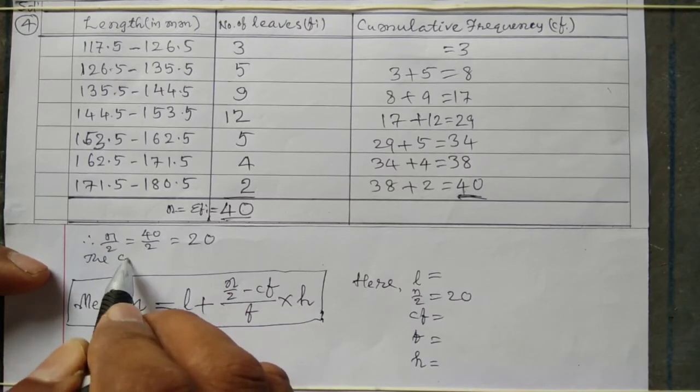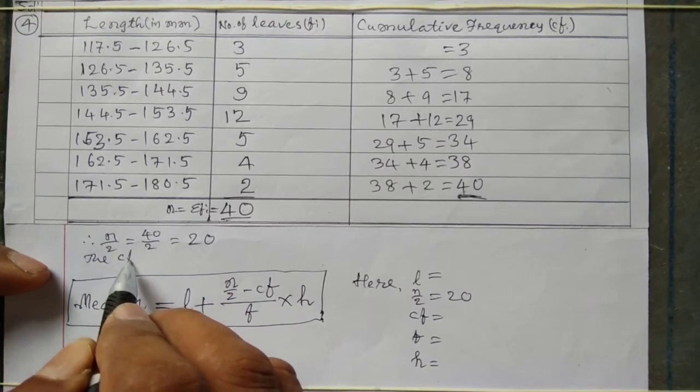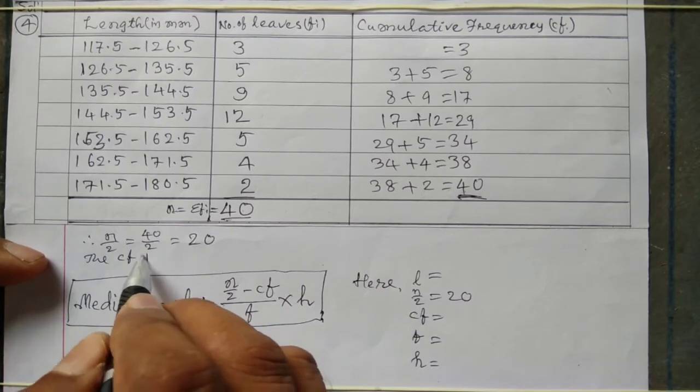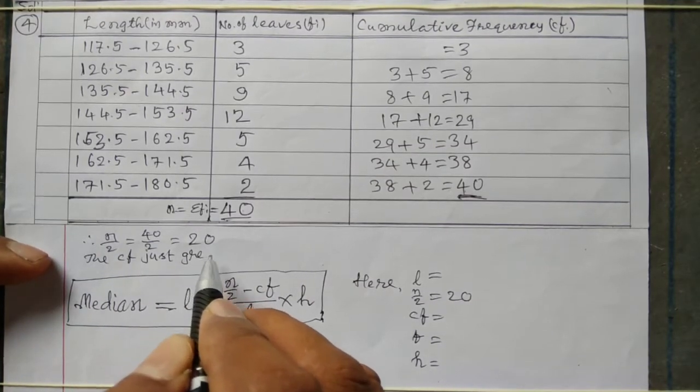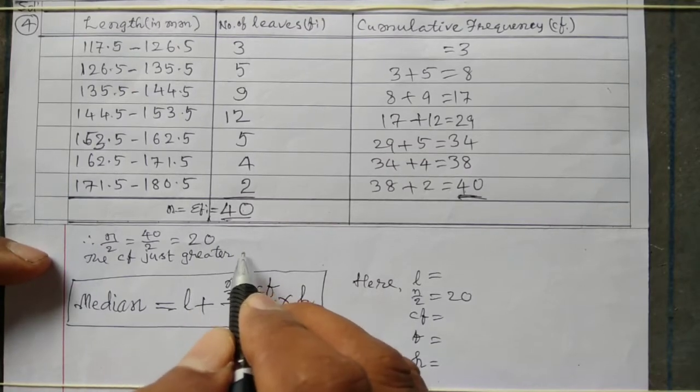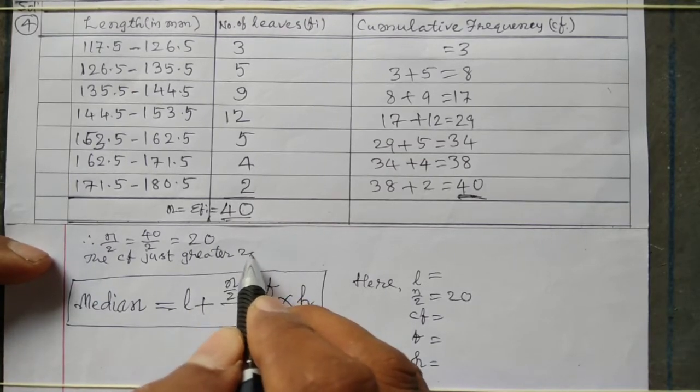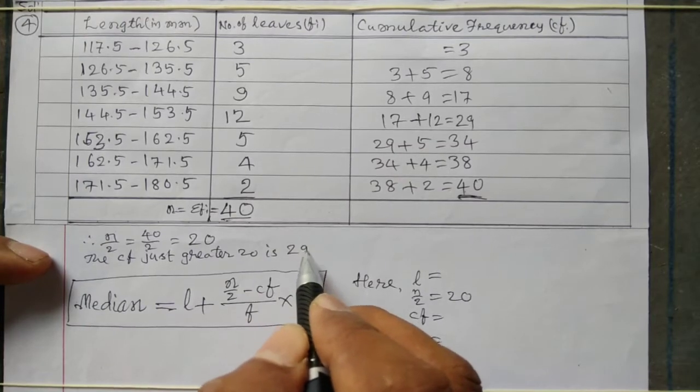The cumulative frequency just greater than 20 is 29.